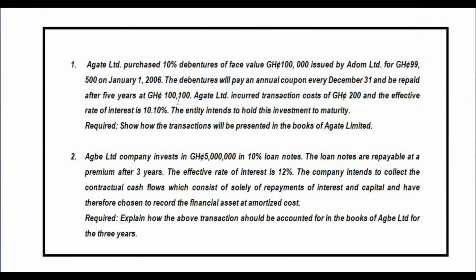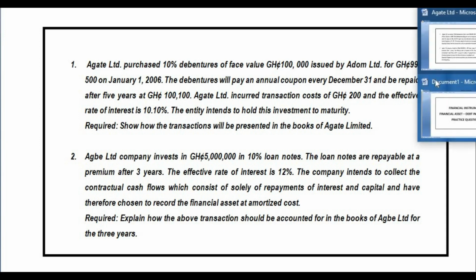Okay, so we realize that the financial asset was acquired at 99,500 Ghana cedis at inception. So it was being discounted for Agate Limited. So at inception, the initial recognition of the financial asset will be that Agate Limited bought a financial asset, which is a debenture, at a price of 99,500.